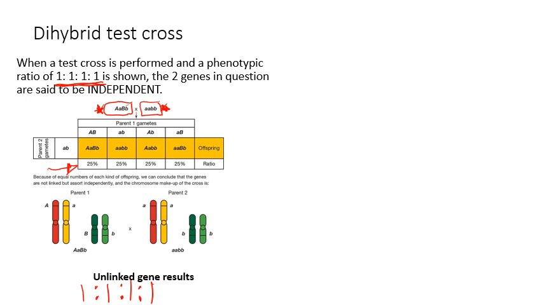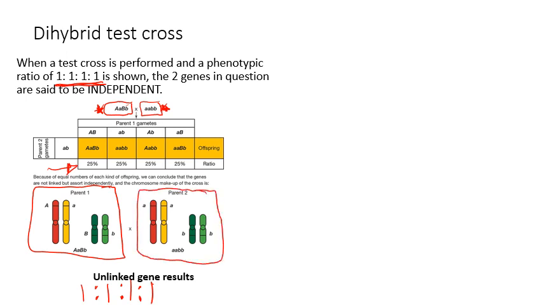An image of what they might look like in parent 1 is shown down here, our heterozygous individual, and an image of what they might look like in parent 2 is shown on the right here for our homozygous recessive individual.